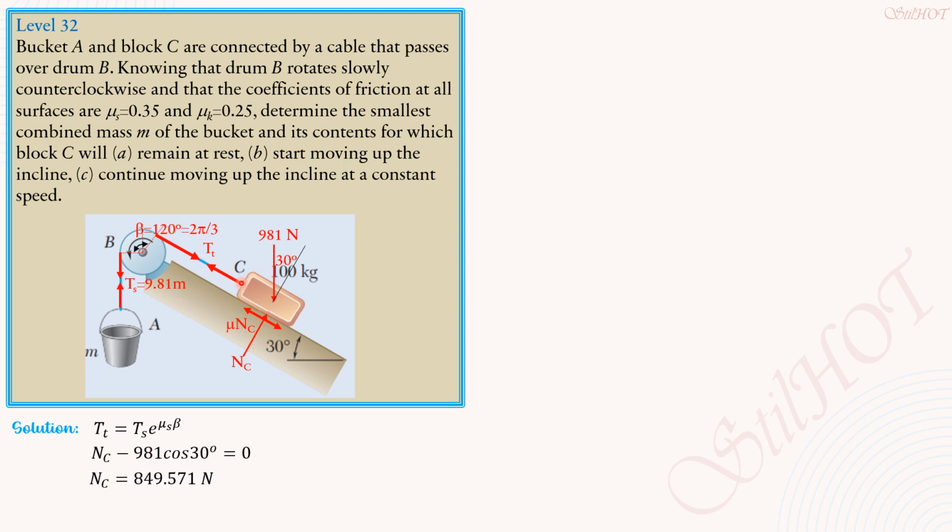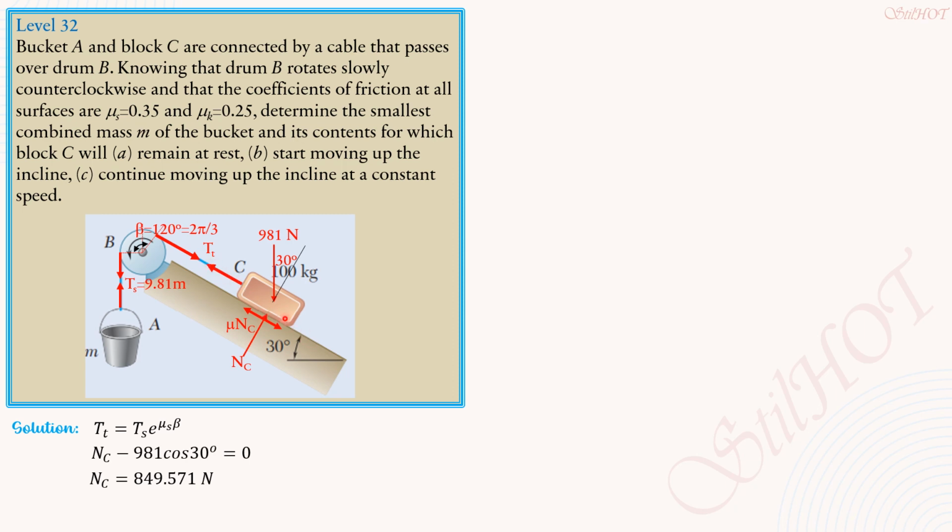So if this remains at rest and motion T sub t is developed in such a way that it will just hold this at rest, take note we are computing for the smallest combined mass m of the bucket and its contents, so motion should be impending downward. Then if it is impending downward, friction should be upward.